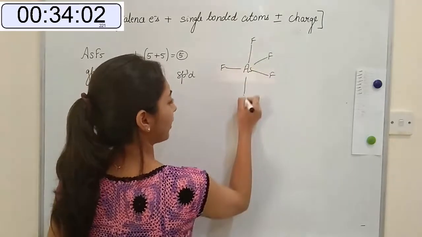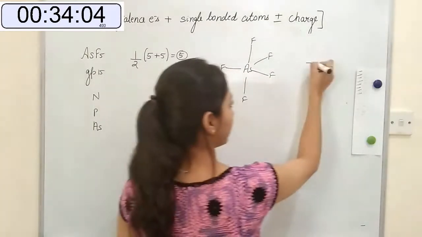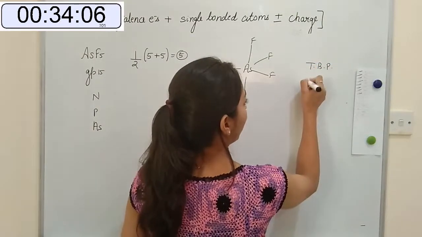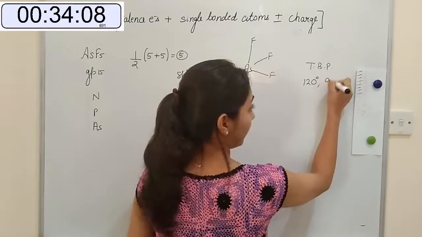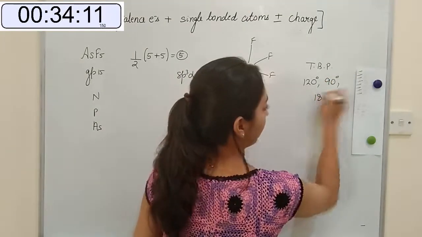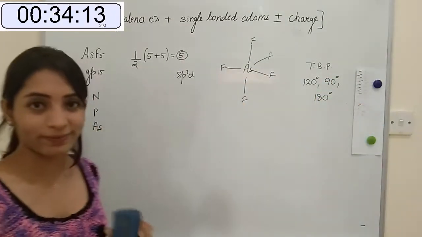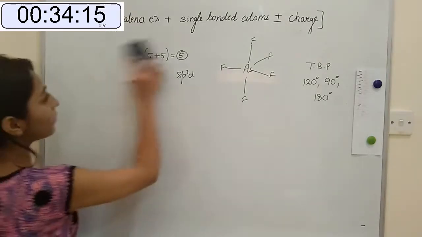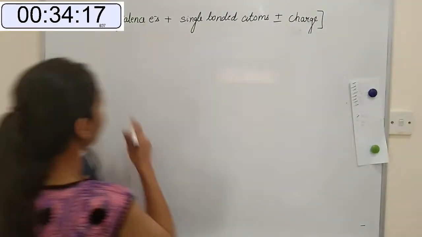This is normal, nothing controversial here, and the shape is trigonal bipyramidal. Bond angle I told you is 120, 90 and 180 degrees. That's also done. Understood?